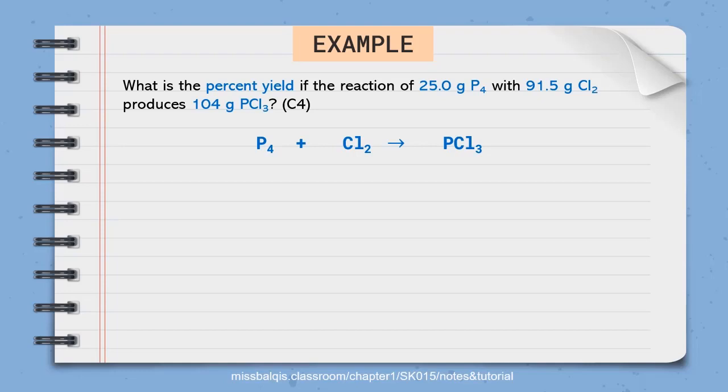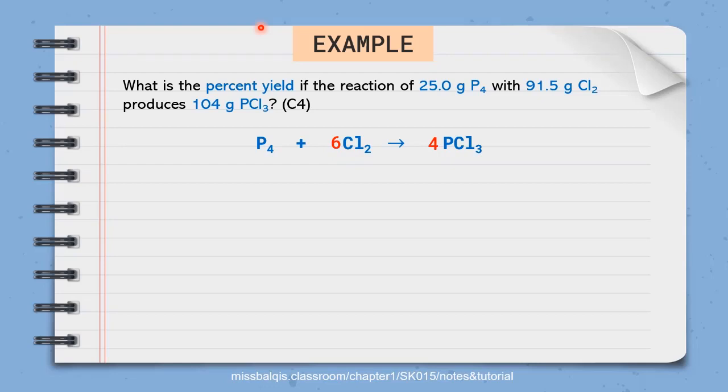So 4 times 3, it should be 12 chlorine on the right, and it should also be 12 chlorine on the left. But at the moment, chlorine exists as a diatomic molecule. So instead of putting 12, you need to divide it by 2 first. So then you can put the balanced equation as P4 plus 6Cl2 gives 4PCl3.